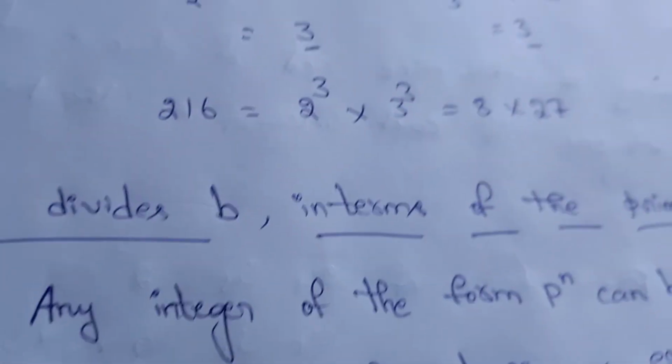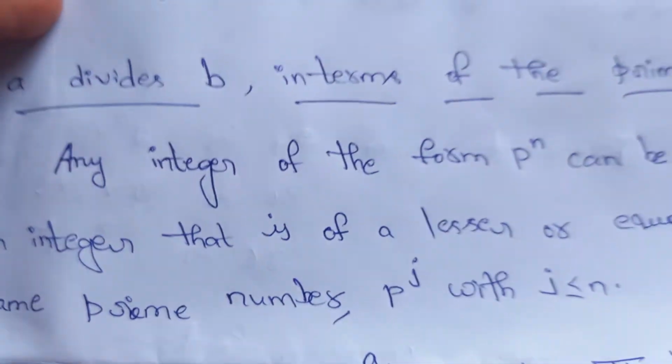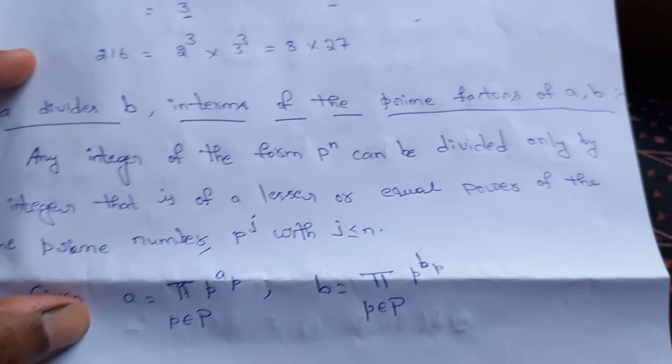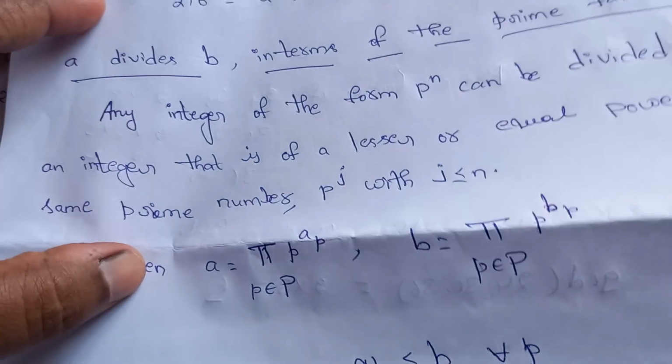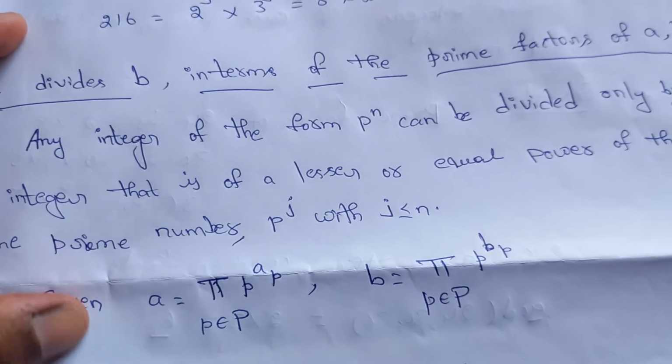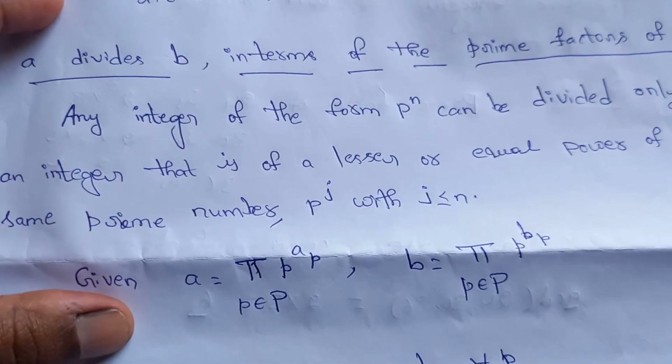Consider any integer of the form p power n. Any integer of the form p power n can be divided only by an integer that is of a lesser or equal power of the same prime number.